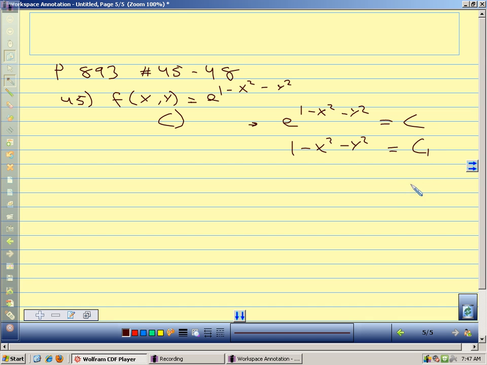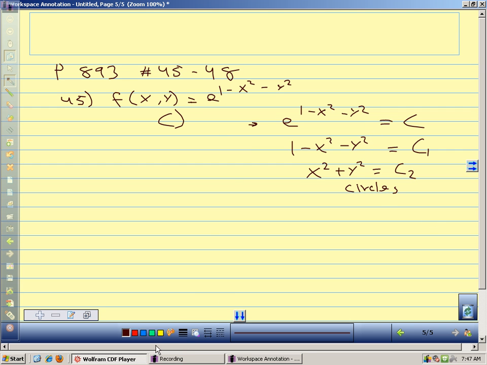I'll call it C1. So this gives me x squared plus y squared equals some other constant, because 1 minus this constant is just another constant. So we get circles. That's how we figure out that our level curves look like circles.